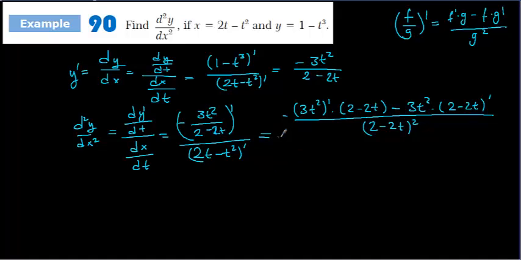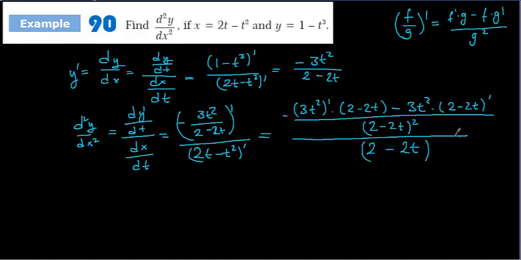The derivative of the denominator 2 minus 2t: the derivative of 2 is 0, and the derivative of minus 2t is minus 2.